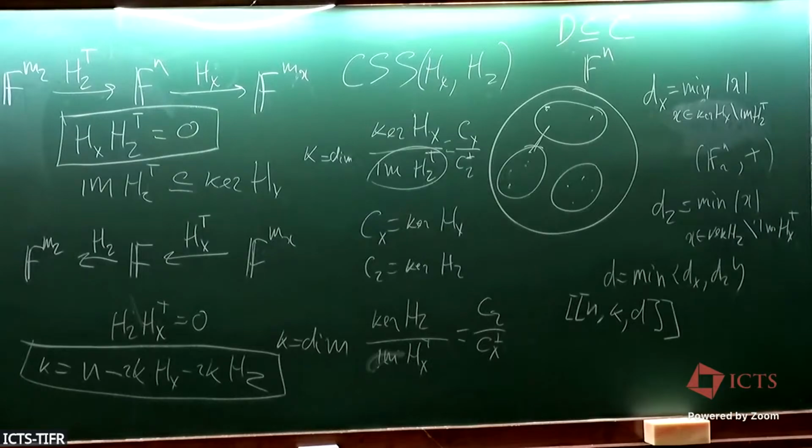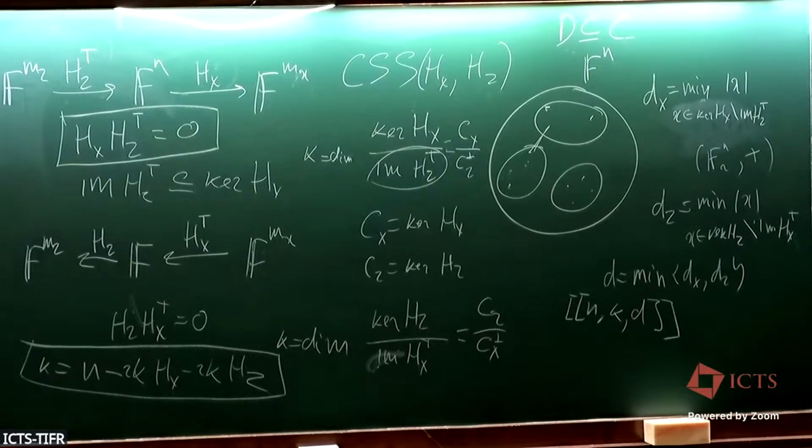CSS codes are basically two classical codes, each contained in the dual of the other. Each of these classical codes might have a classical distance dx and dz tilde. The distance of the quantum CSS code is not the distance between the code words, but the distance between the quotient spaces, which could be quantitatively larger.